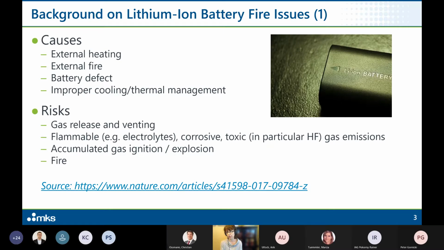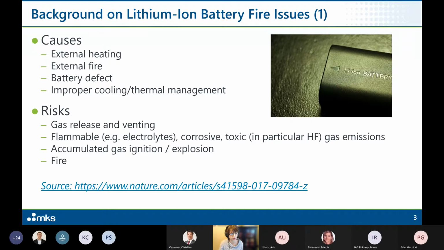If you think of a battery, there's a lot of energy stored in the form of chemicals, and when those get released in the form of gas, a large amount of gas gets released pretty quickly, and that can turn into gas ignition, explosion, or fire.